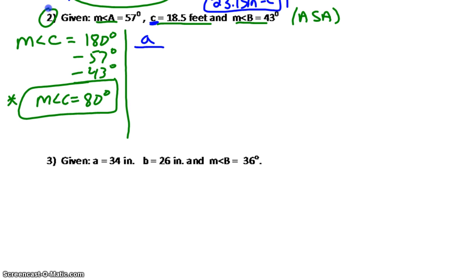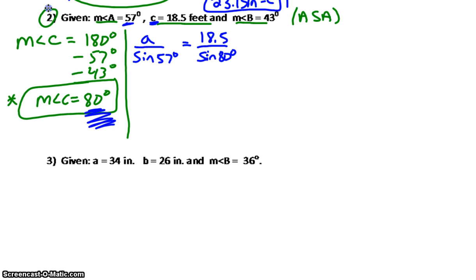Well, that would put A over my sine of A. My degree is 57 for the angle A. And that is set equal to my C, which is 18.5, all divided by my sine of 80 degrees, which is what we found for angle C here.